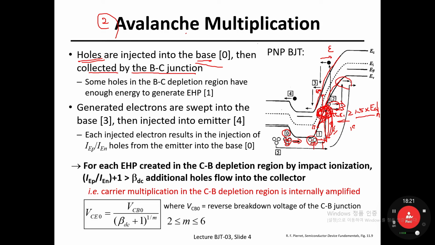Those four holes would be accelerated again and induce another four holes, total 8, right? So 1, 2, 4, 8, 16, 32, 64, 128, 256, 512, 1024, like that. So the total number of holes created within the base-collector depletion layer would increase exponentially. This is the main physics.